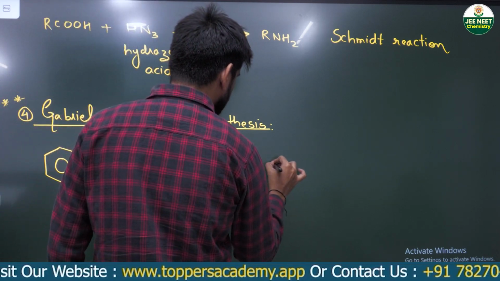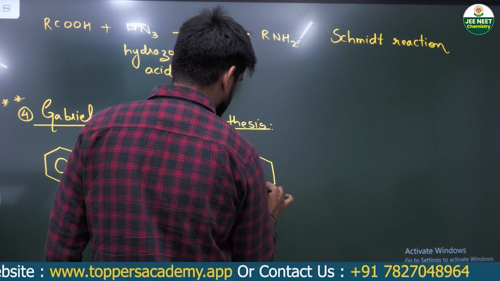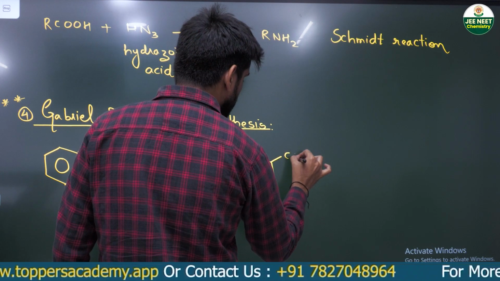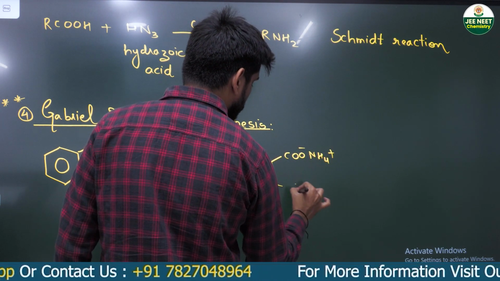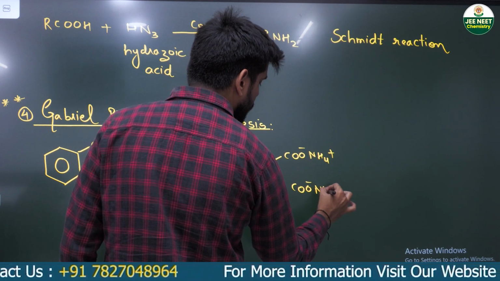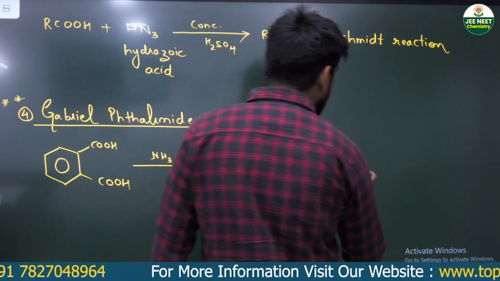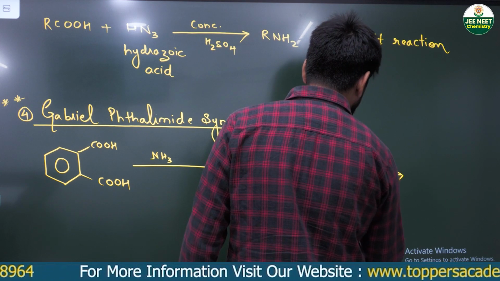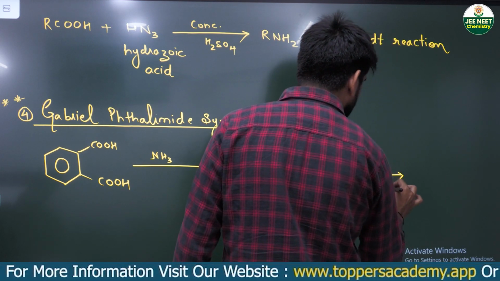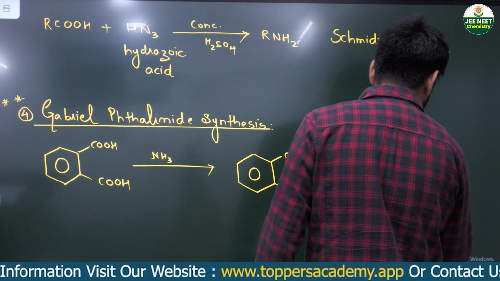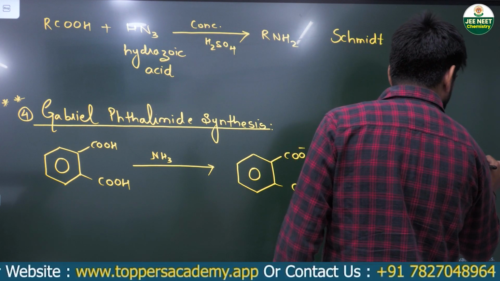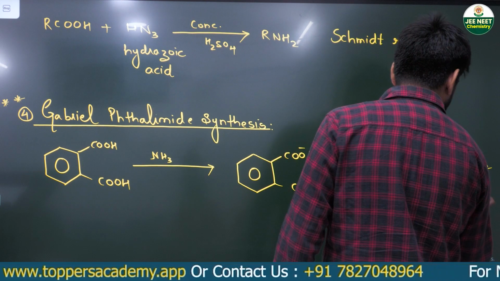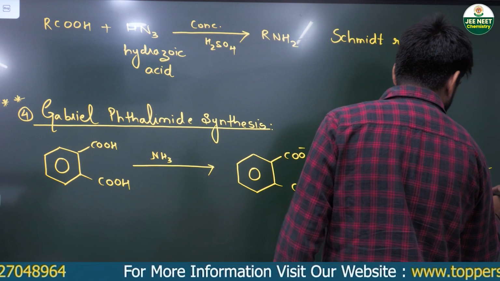I get COO minus NH4 plus, COO minus NH4 plus. Then when I heat it, there will be removal of 2 molecules of water, and what I get is CONH2, CONH2.